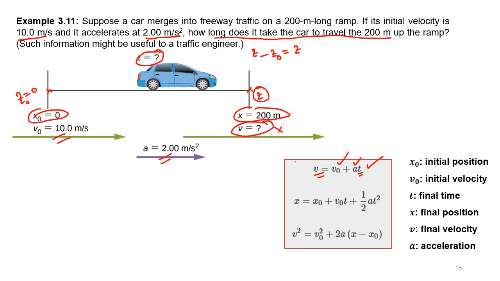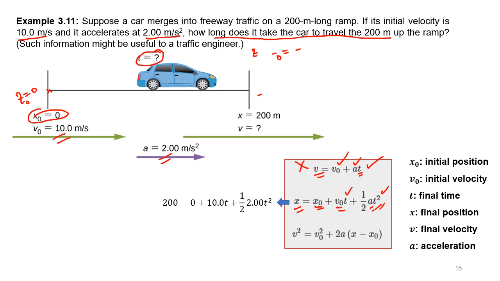So you cannot use this equation. But you can use this one because final position is given, initial position is given, initial velocity is given, acceleration is given. So you can find this time. So basically what you need to calculate is time.